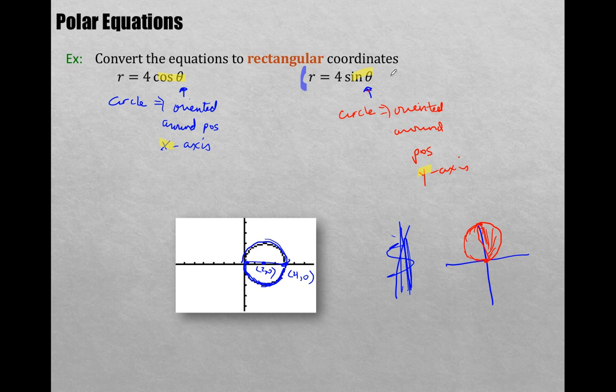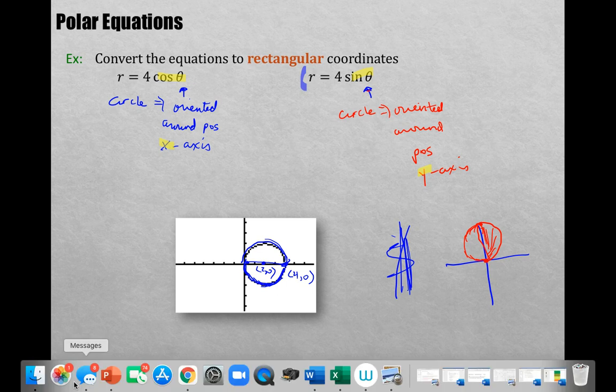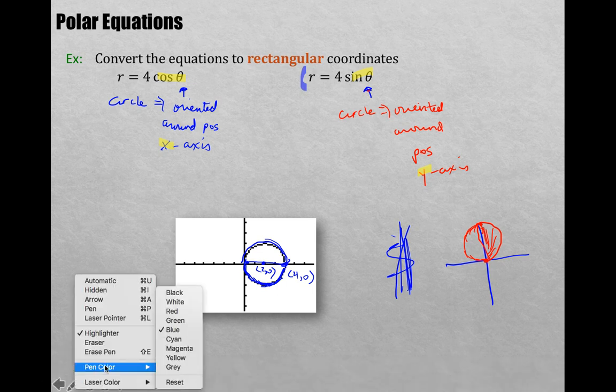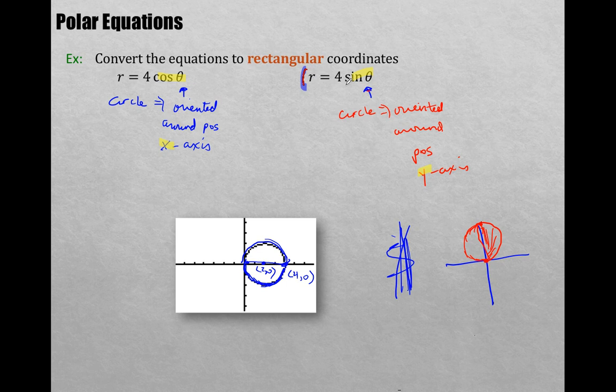Multiply everybody by r because I want r sine theta. So I get r squared is equal to 4r sine theta. We know that's y. r squared is x squared plus y squared.